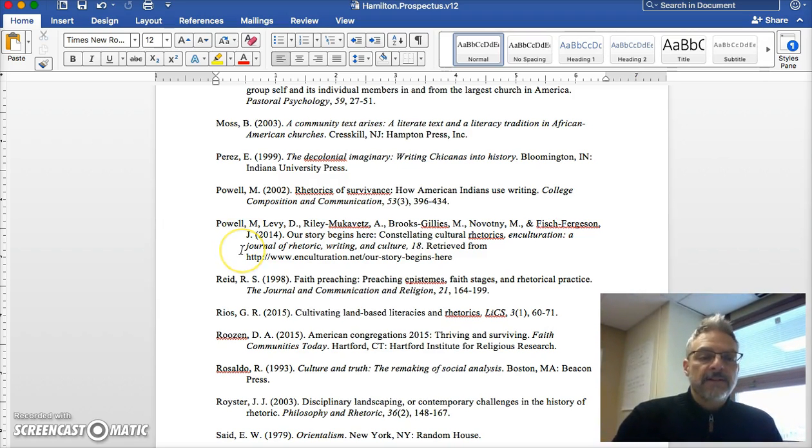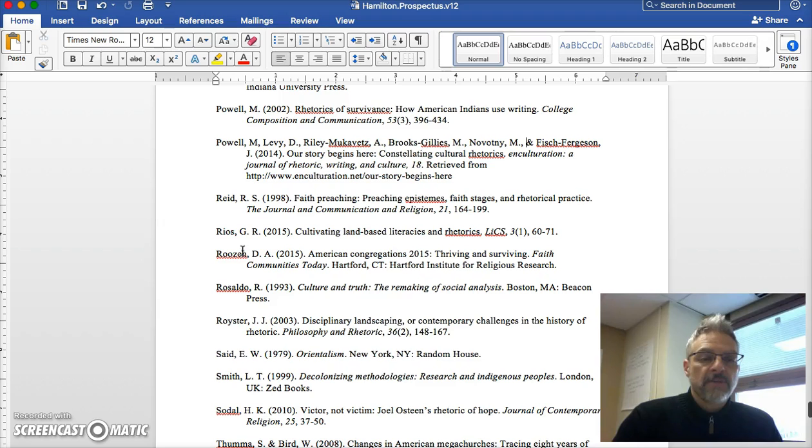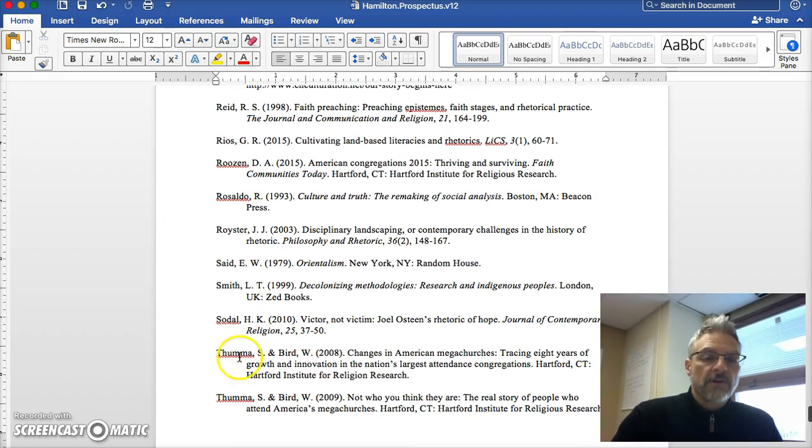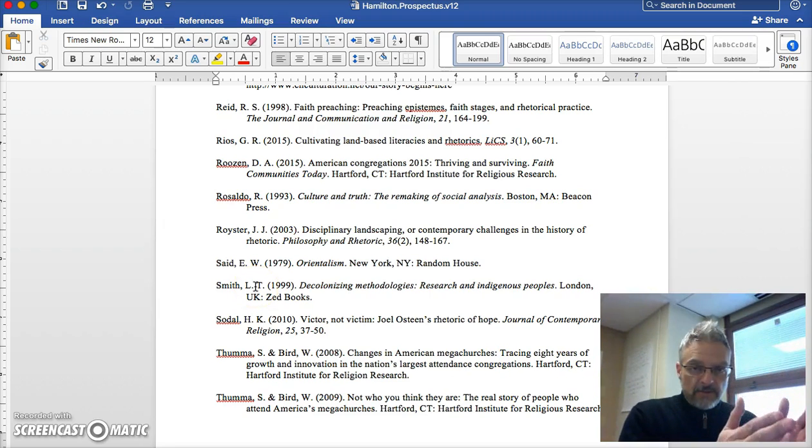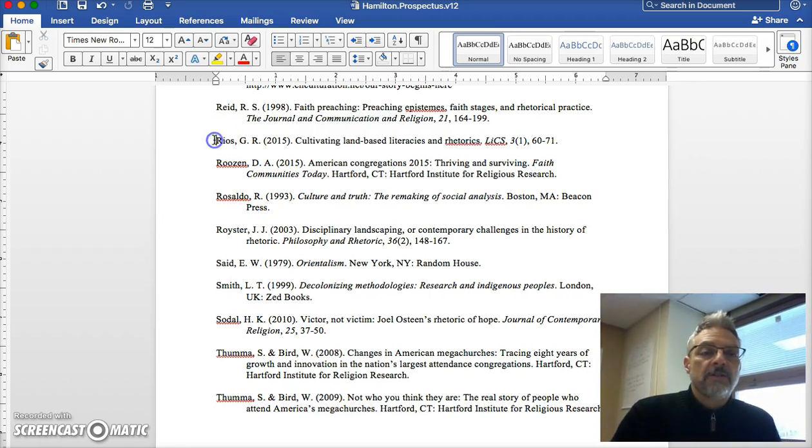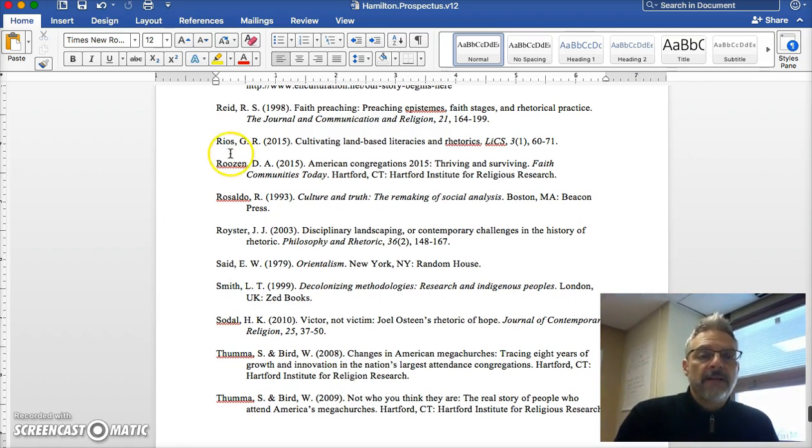All right, and this whole thing creates what's called the hanging indent, and that is that all the last names, all the authors in alphabetical order, are hanging off to the side. This is still a left justified situation. It's just that once you hit the second line, so here you have Faith Communities, if I was typing along, it's going to take me down to the next line.